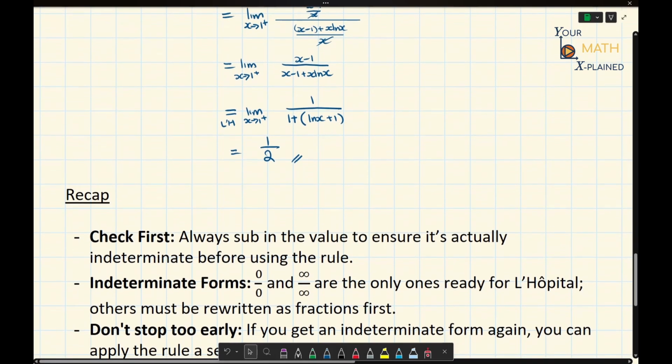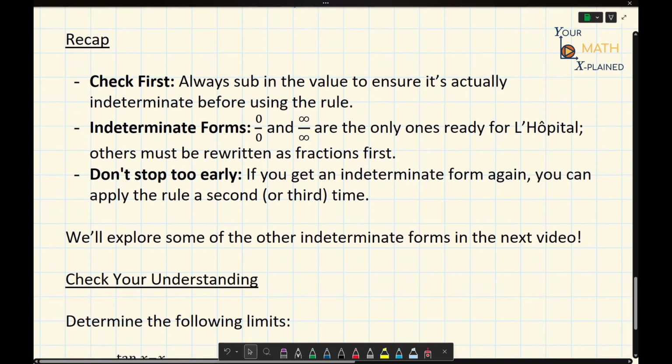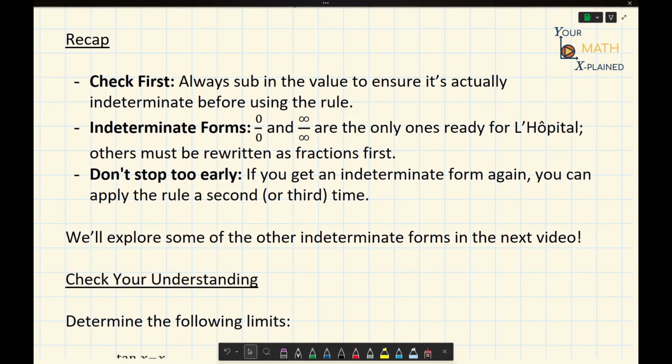And now let's do a quick recap of what we covered in this video. We learned that in order for us to use L'Hopital's rule, we need to always substitute in the value to ensure that it's actually indeterminate before we can use the rule. And the only two forms that are accepted are 0 over 0 and infinity over infinity, which means if we get any other indeterminate forms, we must perform some algebraic manipulation first before we can apply L'Hopital's rule.